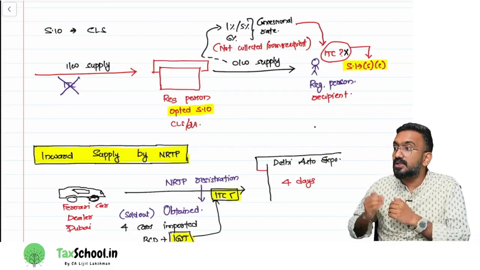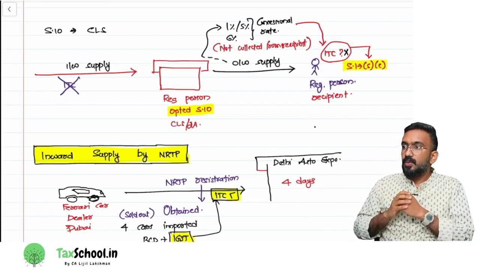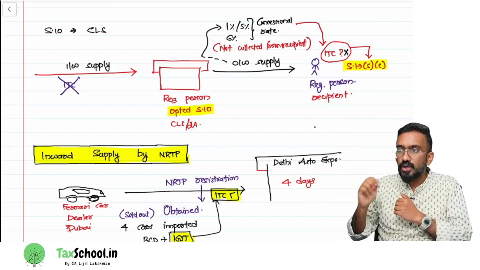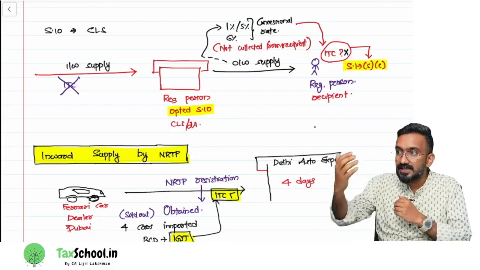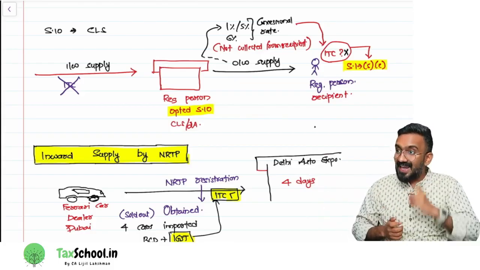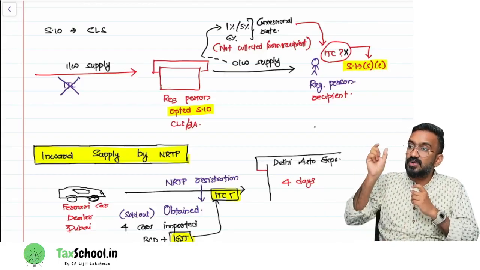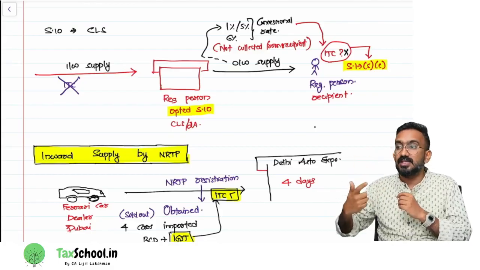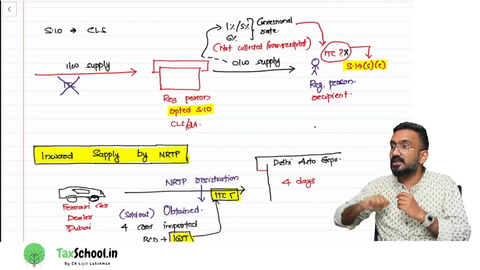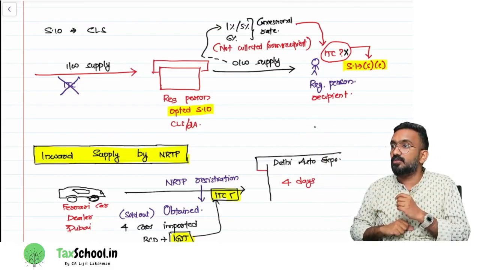Now they sold this to another registered person. Will they collect GST from the registered person? No, because there is a condition which says that once you are under the composition levy scheme, you can't collect GST from the customer. But they have to pay this 1%, 5% or 6% concessional rate to the government. After paying this 1%, 5%, 6%, can their customer take the input tax credit of this tax paid under the composition levy scheme?